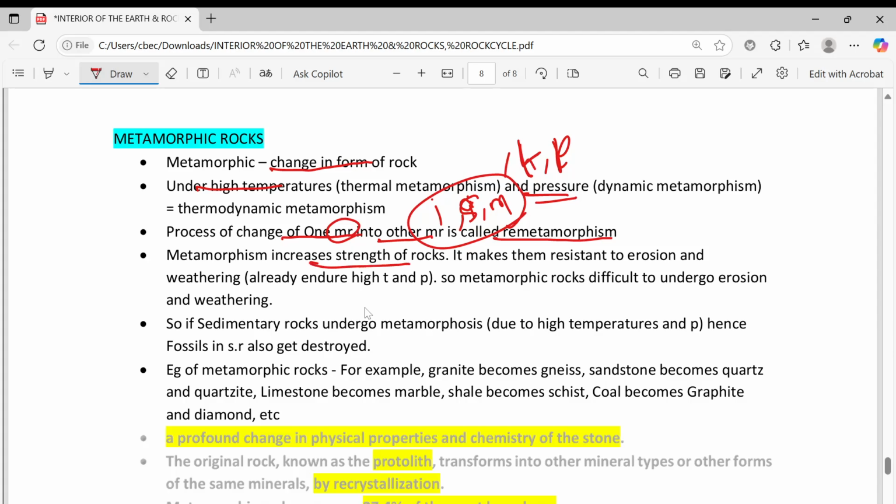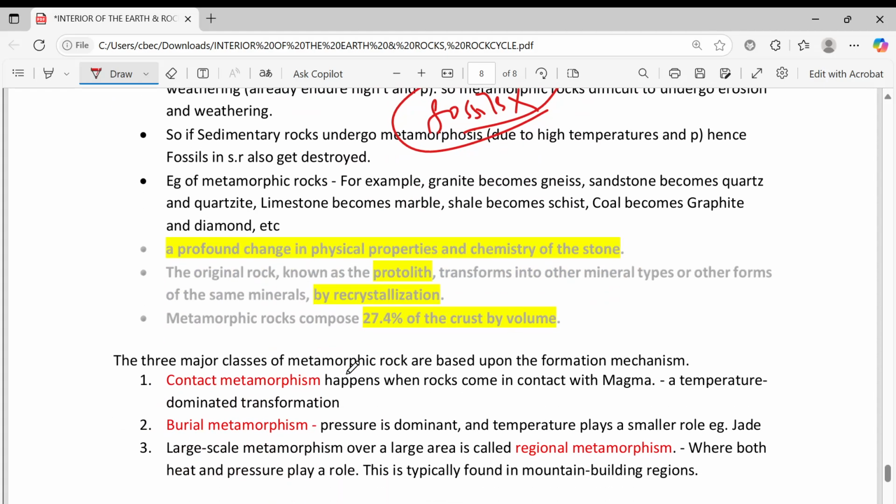This increases strength because of the high temperature and pressure. Will fossils be there? No, fossils will be gone. This is important.